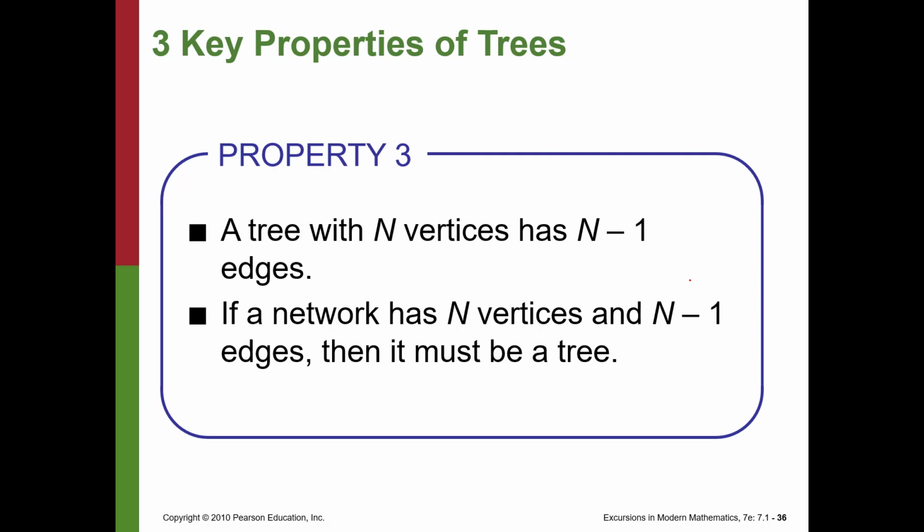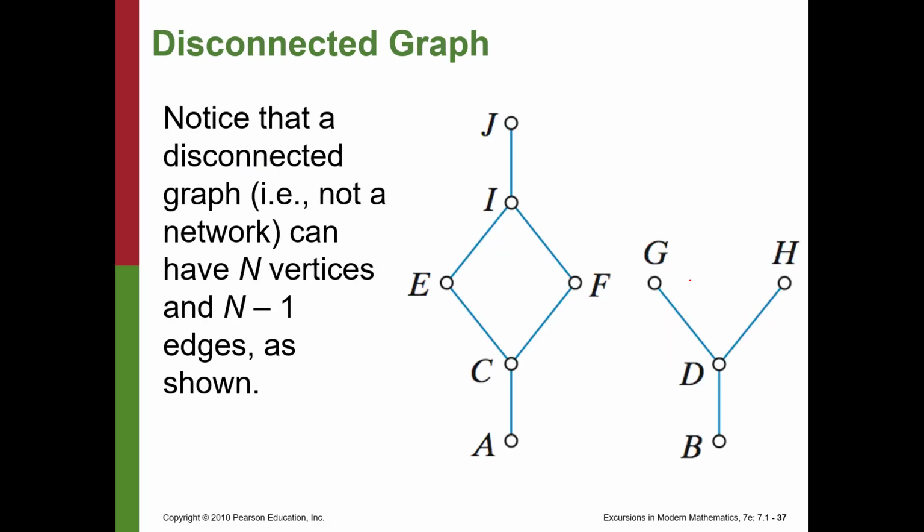A network means that it's connected, and if you did it with 1 less than the number of vertices in edges, you must have a tree. Notice that a disconnected graph, i.e. not a network, can have n vertices and n minus 1 edges as shown. But this is not a network.